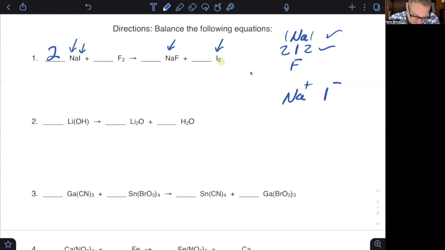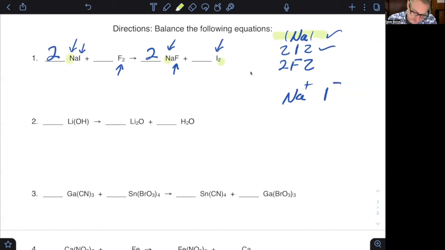So let's take a look at my fluorine. F, I have 1 here on the right, and I have 2 here on the left. So I'm going to go ahead and change this to a 2 so that I have 2 on both sides. And doing that, now that I go back up and take a look at my sodium here, I had 1 on each side, but now I have 2 on each side because of my coefficients.